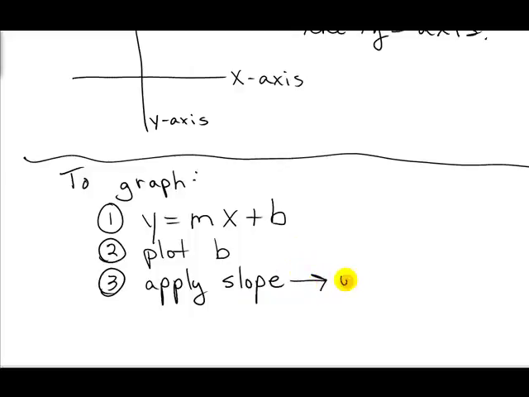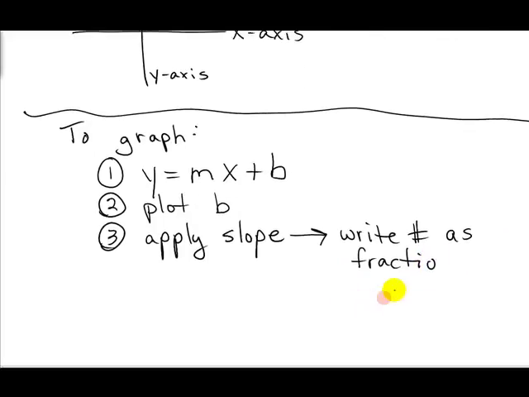And you need to write that number as a fraction. This is where that rise over run comes in. And it's helpful if you make a notation. You know, rise is going to be either up or down, and then the run is going to be either right or left.